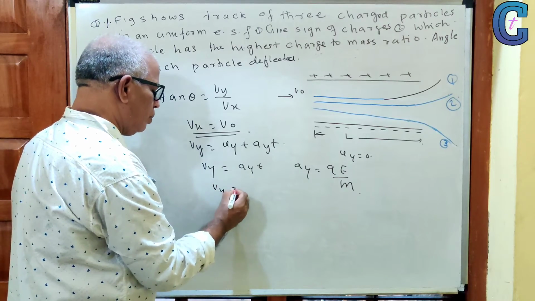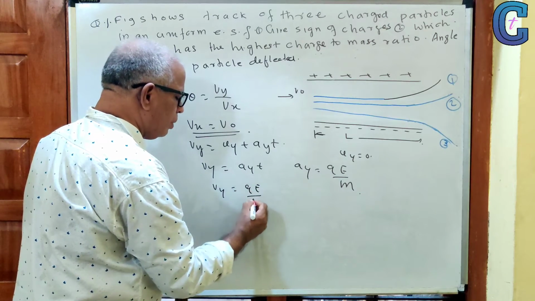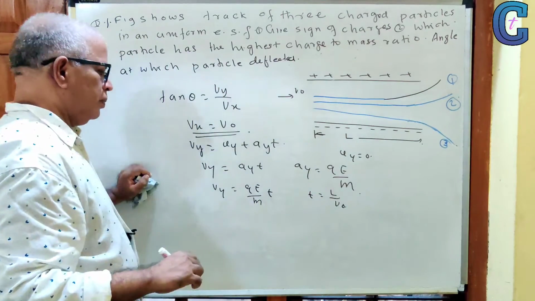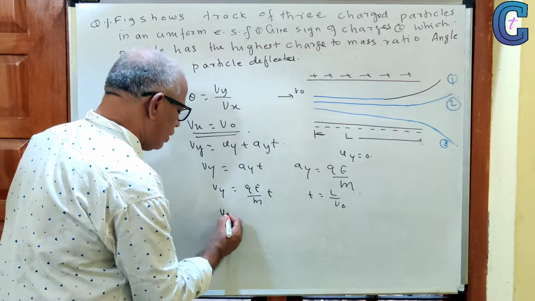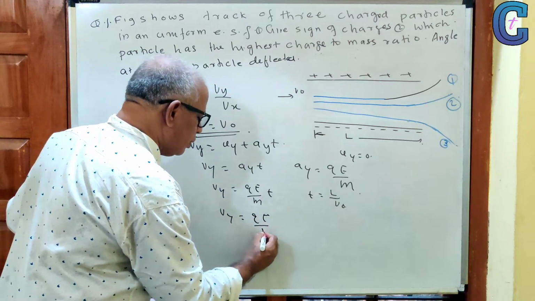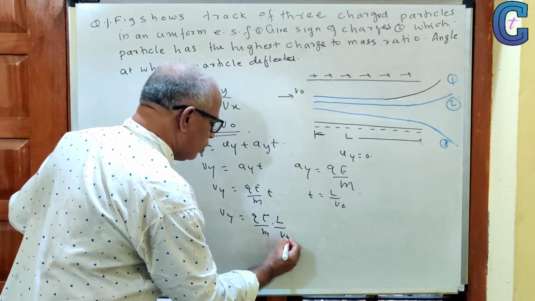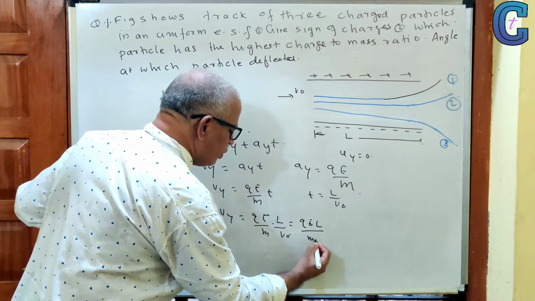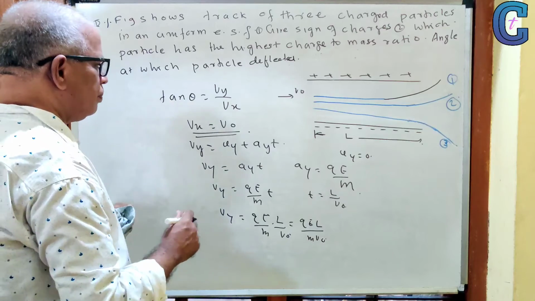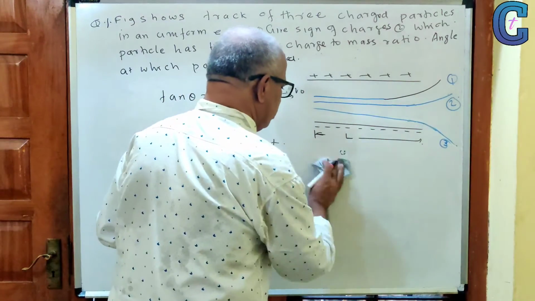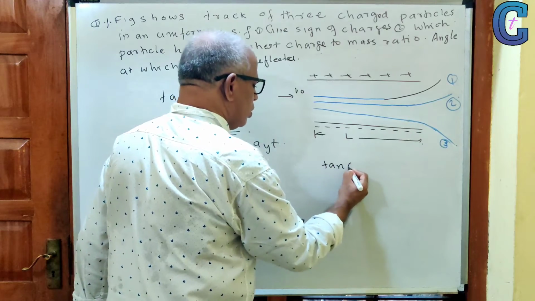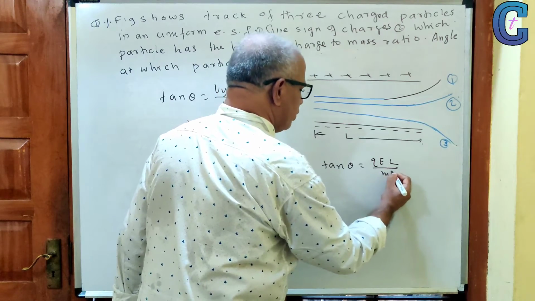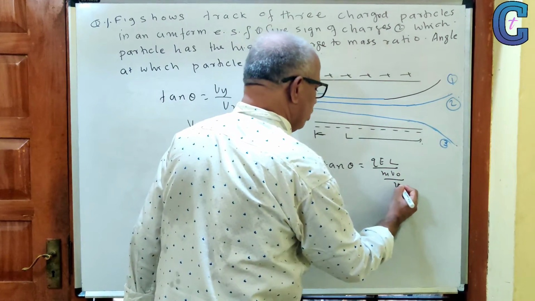So Vy is equal to QE by M into t. t is equal to L by v0. Therefore, Vy is equal to QEL by M v0. So tan theta is equal to QEL by M v0 divided by v0, because Vx is v0.